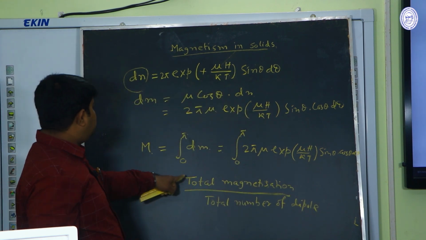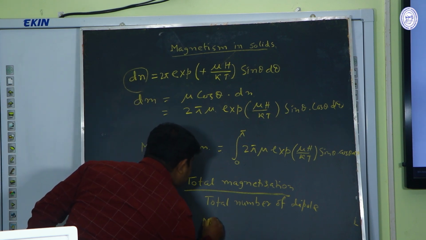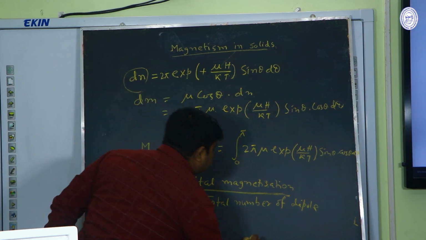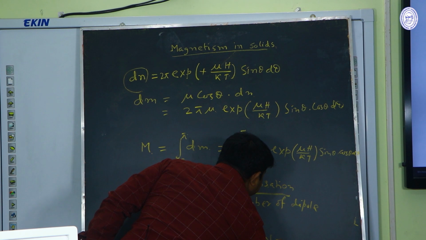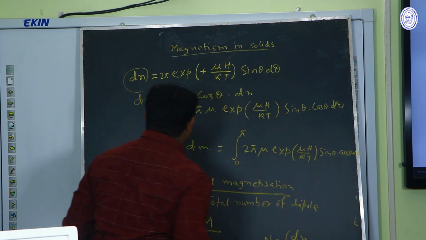Total magnetization is equal to M, that is M by N. N is the total number of dipoles, N is equal to the integration of dn.